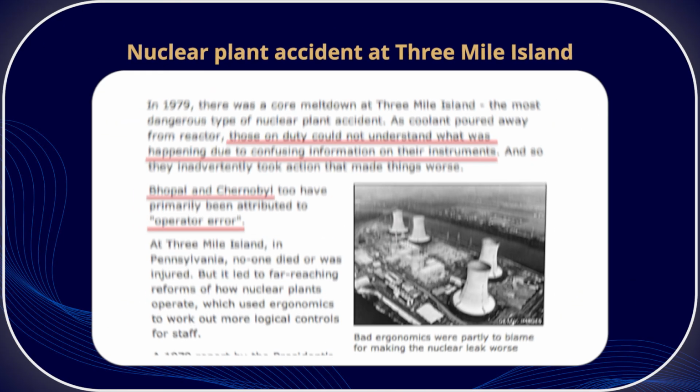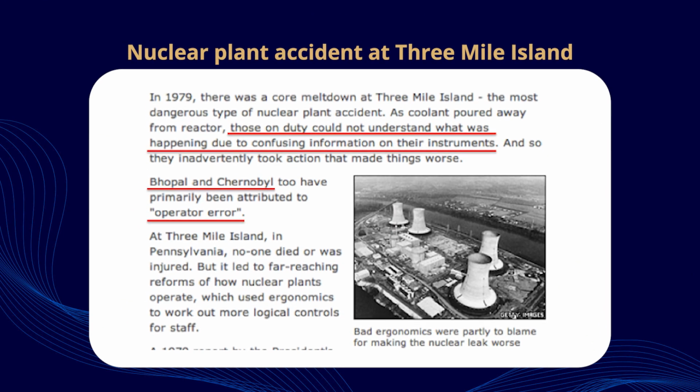One well-known example is the nuclear plant accident at Three Mile Island. Let me read the passages of a newspaper article. In 1979, there was a core meltdown at Three Mile Island, the most dangerous type of nuclear plant accident.